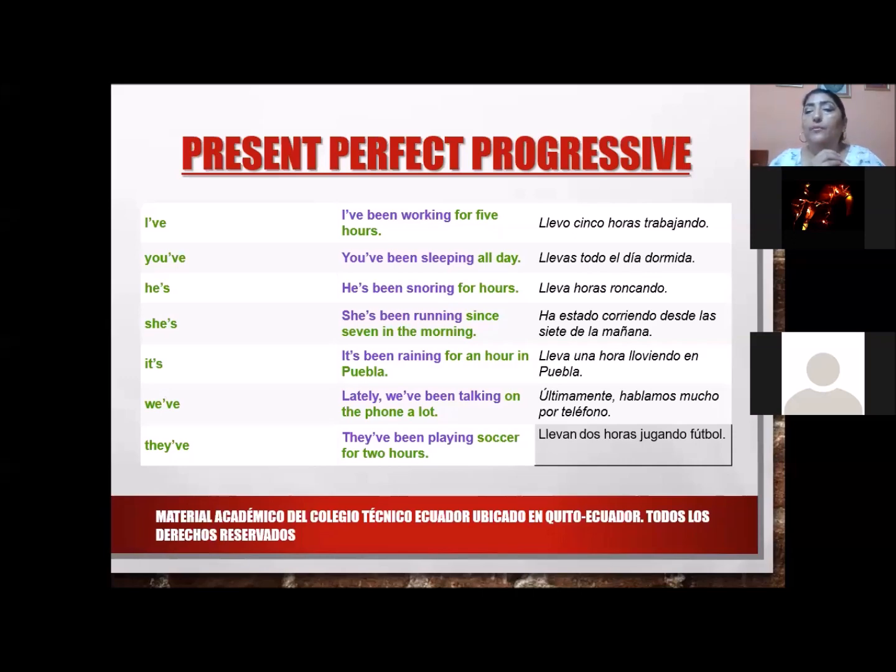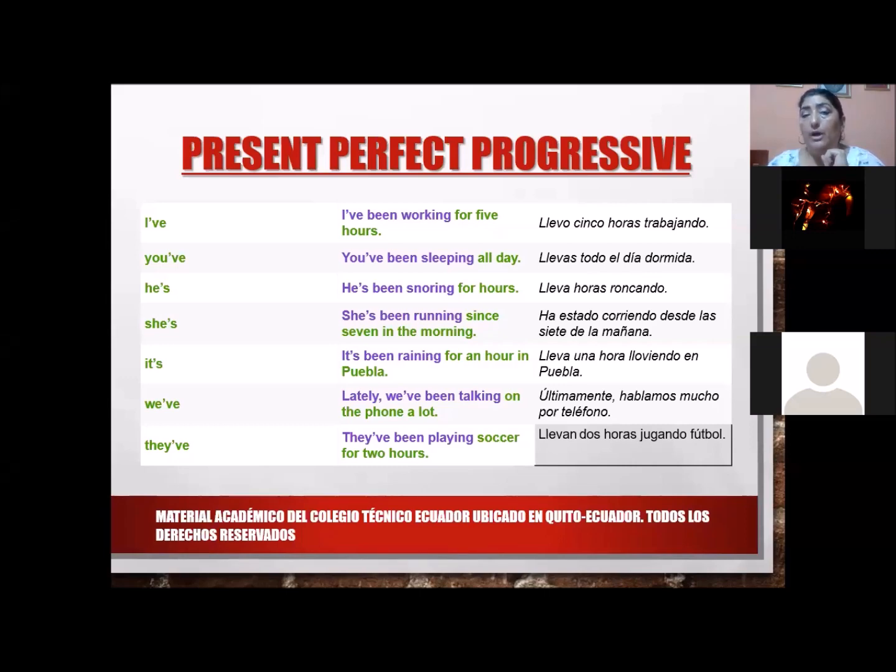There we use for 5 hours, okay? We started working 1 hour and we finish in 5 hours, right? And there we use for the complete time, the whole time. I have been working for 5 hours.